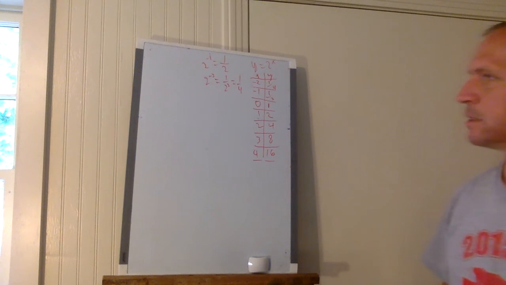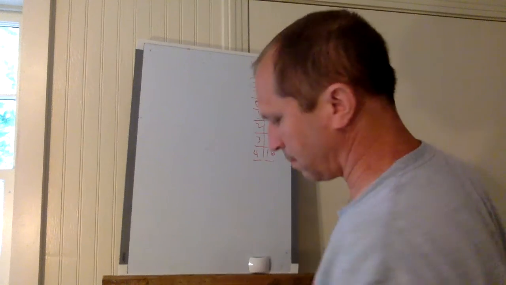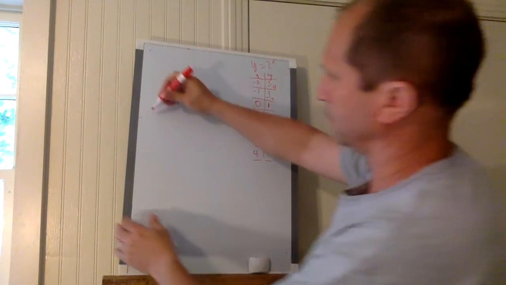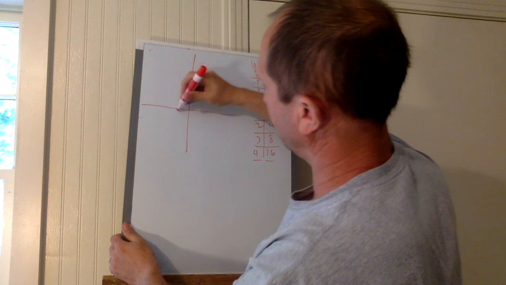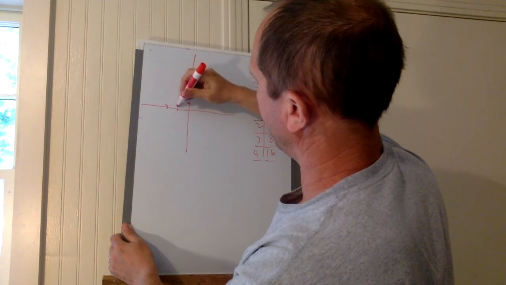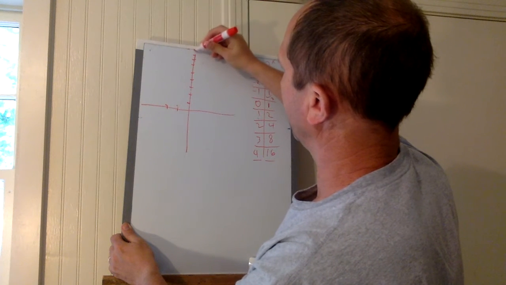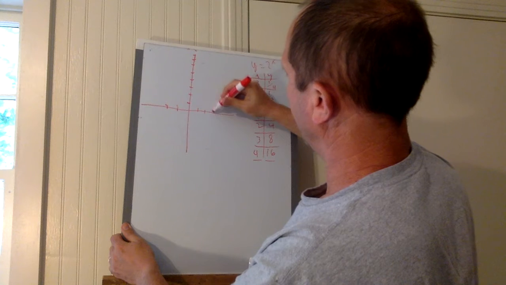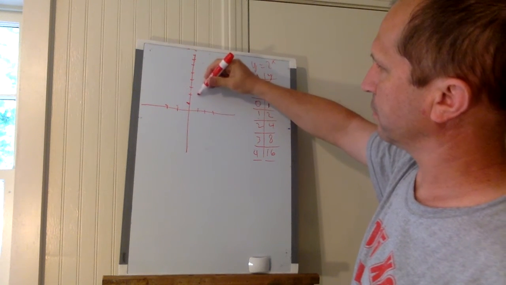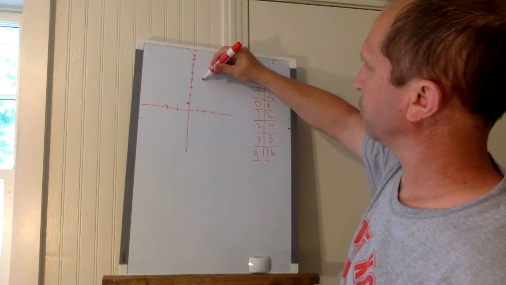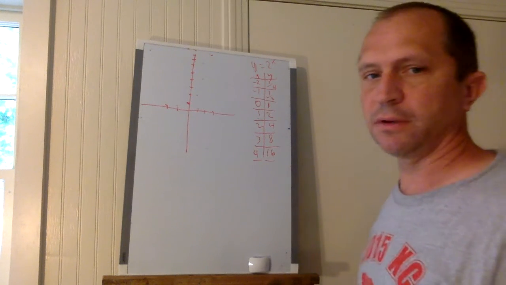All right, so anyway, let's look at what this does graphically here. 2 to the 0 is 1, 2 to the first is 2, 2 to the second is 4, 2 to the third is 8, and I did not have room for the 16, but you can imagine what happens there.